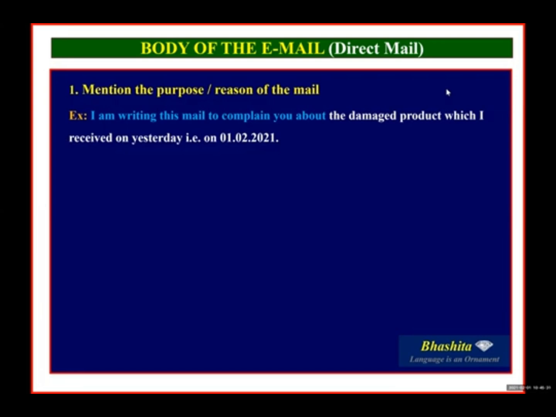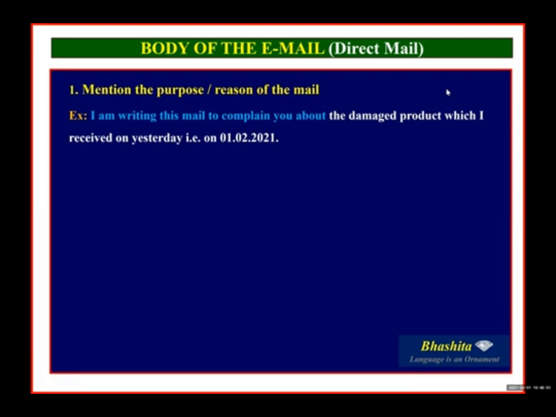If it is a complaint mail, what is the first element I have to include? I have to highlight the purpose of drafting the mail. How did I highlight it? By using an expression like, I am writing this mail to complain to you about the damaged product which I received, because they are selling products to many people. So it would be helpful to them if you mention the date and time also.